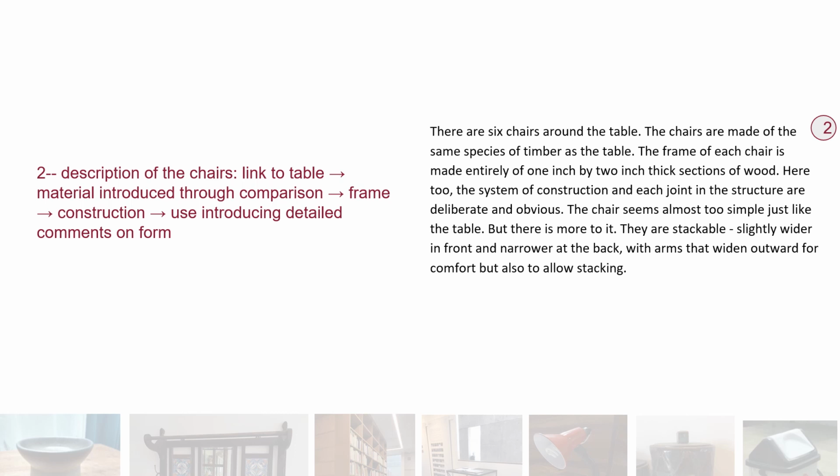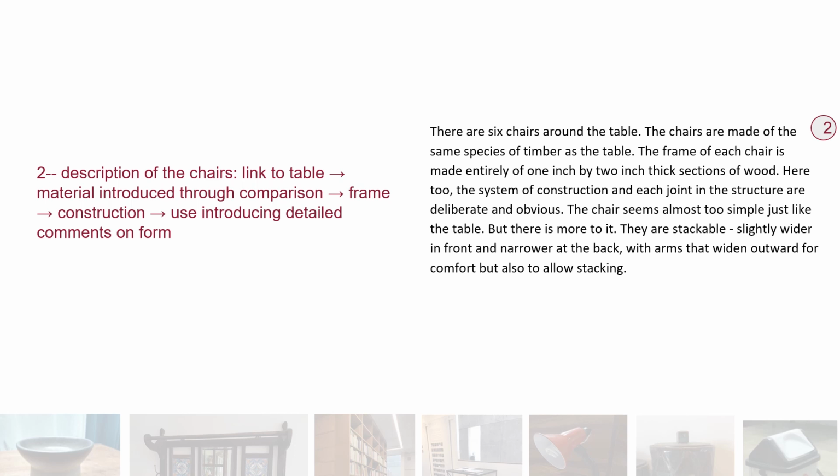The second paragraph uses a short sentence to connect the table of the previous paragraph to the chairs, which will be the focus of the description. The connection is made through the description of the position of the chairs around the table and then continues with the similarity of the material used. The writer could have said, "The chairs are made of timber," but once a text provides one set of details, good writing returns to these to compare.